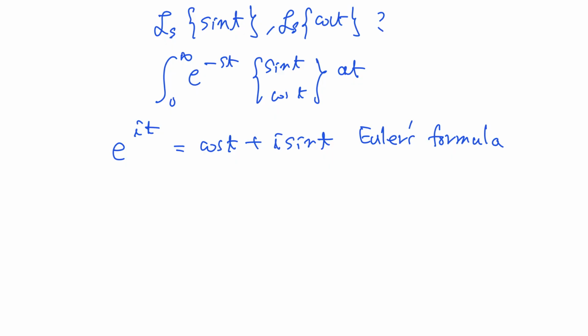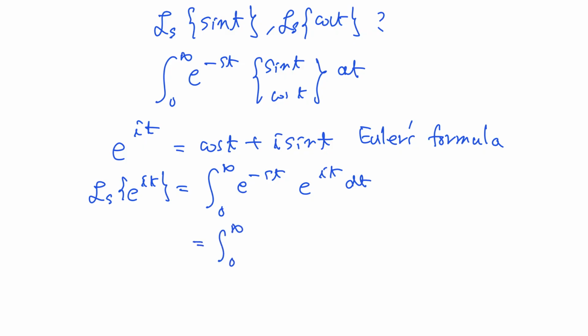So the Laplace transformation of exponential it is the integral from 0 to infinity of exponential minus st times exponential it dt, which is the integral of exponential minus (s minus i)t dt.